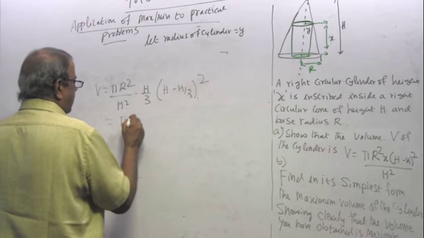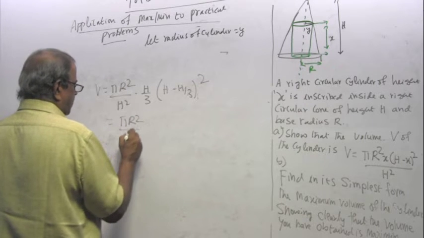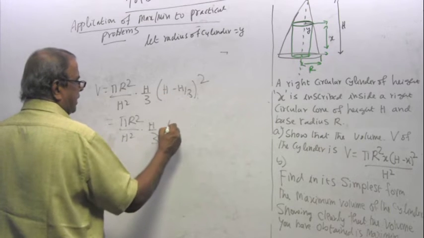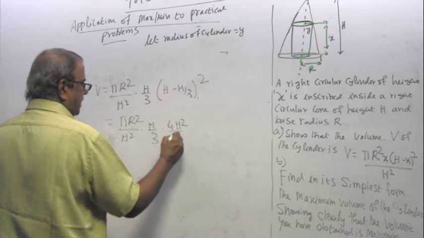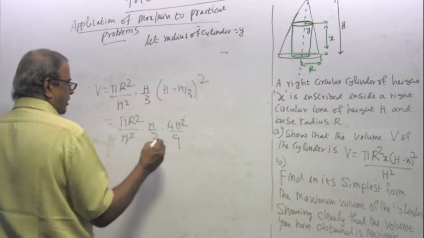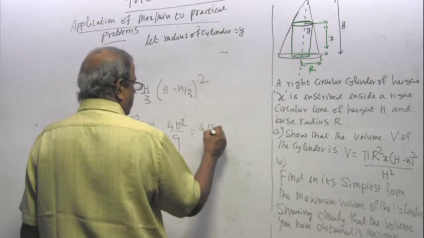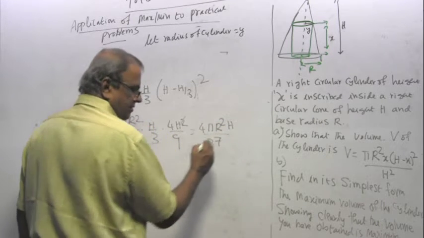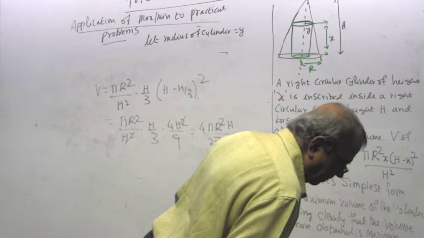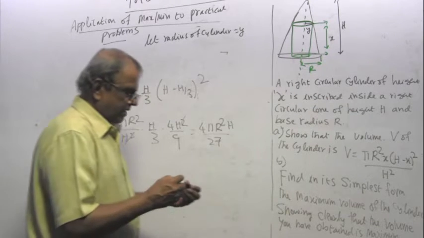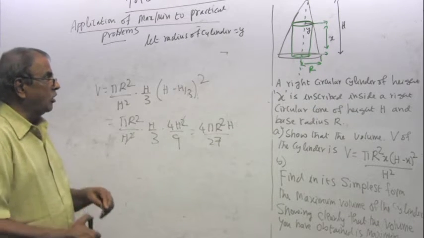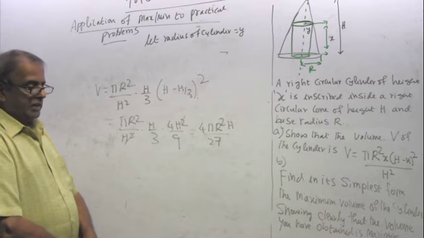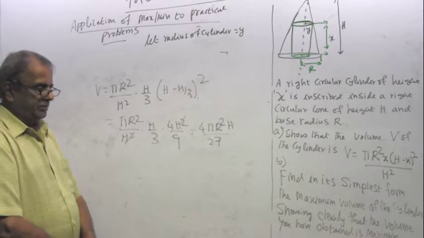That is pi r squared over h squared, h over 3 times 2h over 3 squared, which is 4h squared over 9. I can cancel the h squared, so I get 4 pi r squared h over 27. There you are. That's the maximum volume you can have for the cylinder inside the cone.